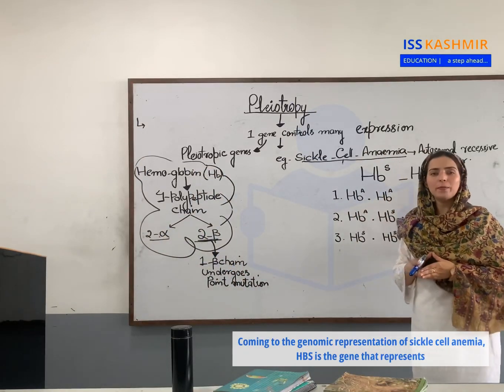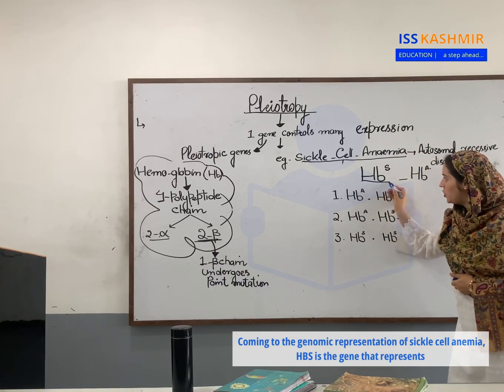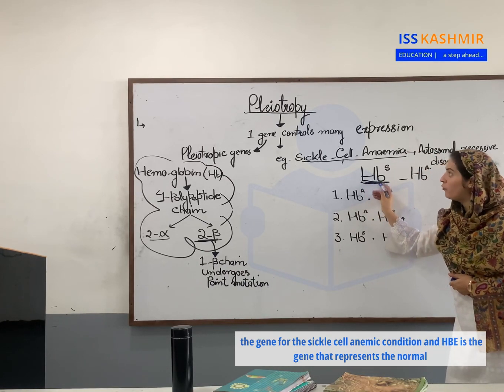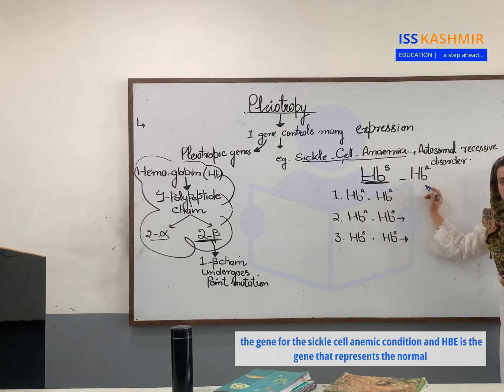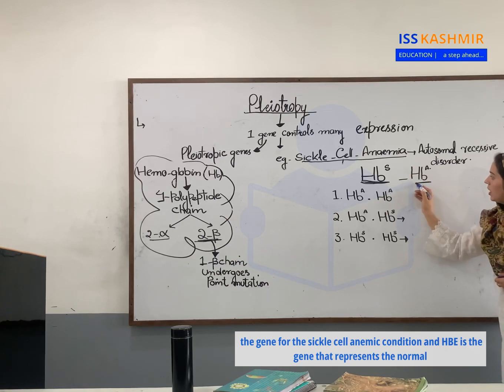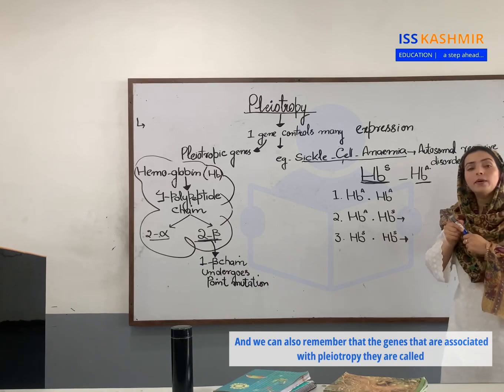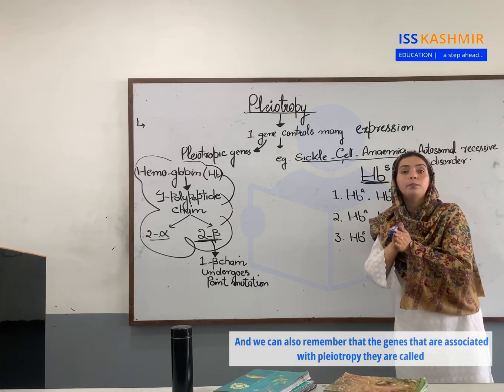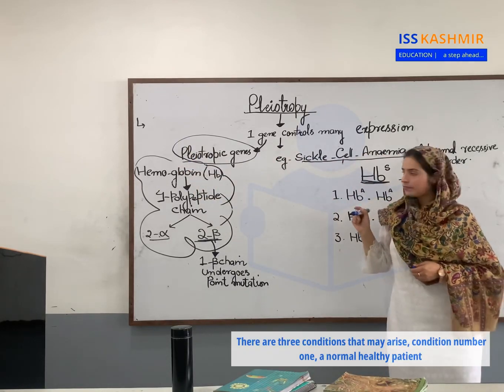Coming to the genomic representation of sickle cell anemia, HBS is the gene that represents the sickle cell anemic condition, and HBA is the gene that represents the normal healthy condition. We can also remember that the genes associated with pleiotropy are called pleiotropic genes.